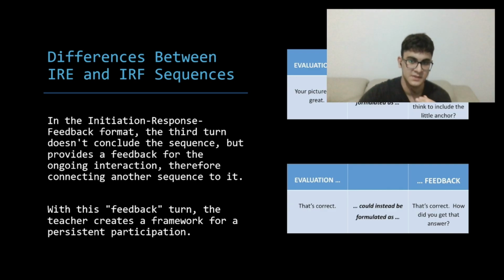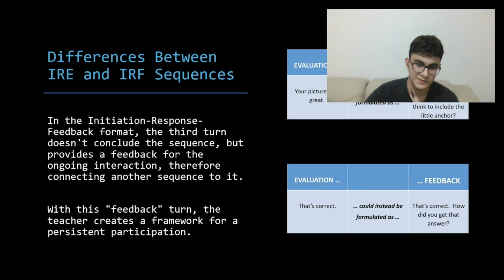And some examples we can see on this are: your pictures are great. You can say your pictures are great. This is evaluation, but instead of giving feedback on this, you could say your pictures helped me enjoy your story. How did you think to include the little anchor? By asking a question, giving feedback, you can keep the conversation going, and it will be a much wider conversation.